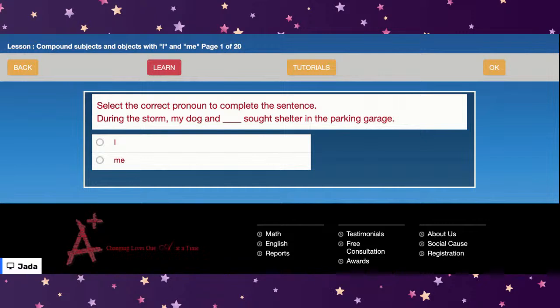Waiting for your answers, everybody. So, is it my dog and I, or my dog and me? Which one? So, my dog and I. You can say "I sought shelter in the parking garage."